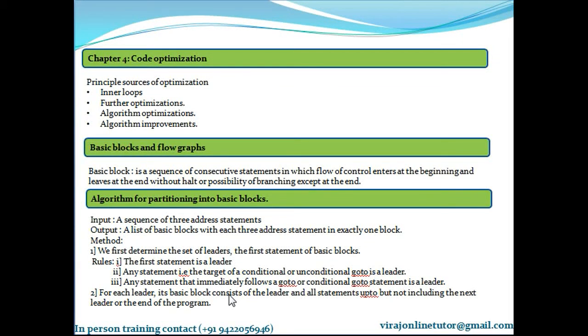The third rule says any statement that immediately follows a goto or a conditional goto statement is also a leader. So these are the 3 ways of identifying a leader.